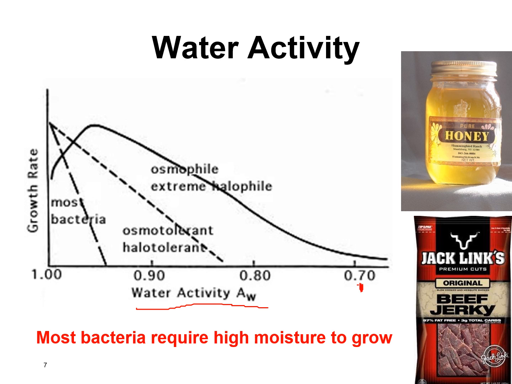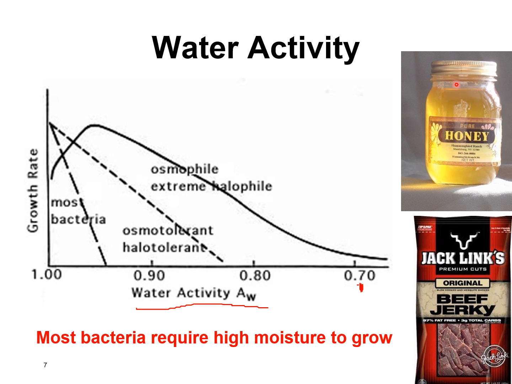And this is really important in food preservation because if you salt and dry your food, or if you add lots of sugar to it, like in honey or jelly, there's so much solute there that it's going to bind up all the water, and there's not going to be any available for the microorganisms to use, and that will preserve the food.